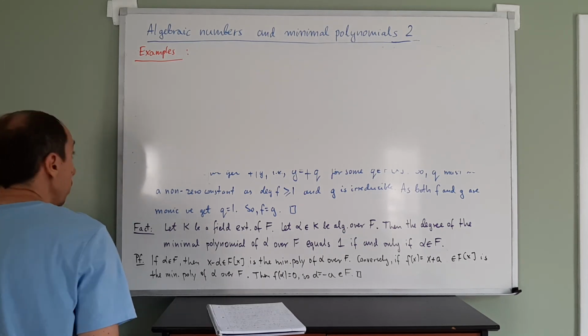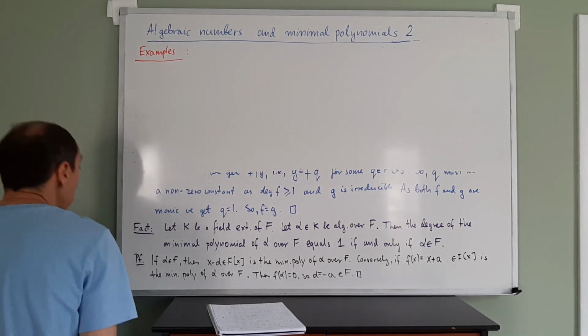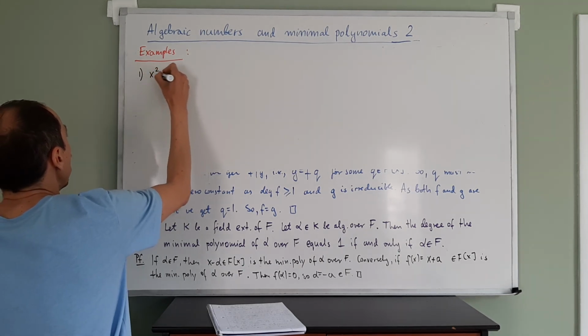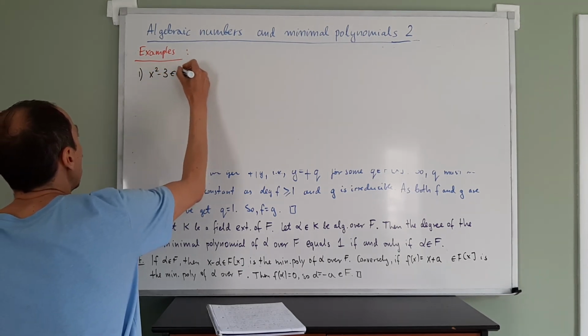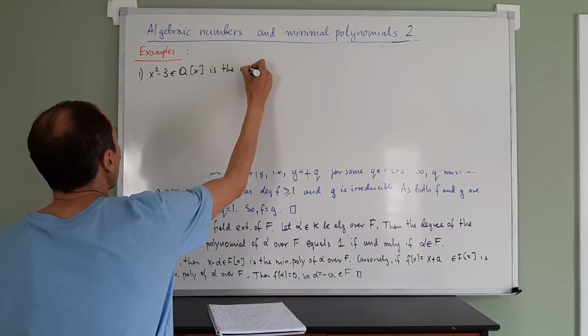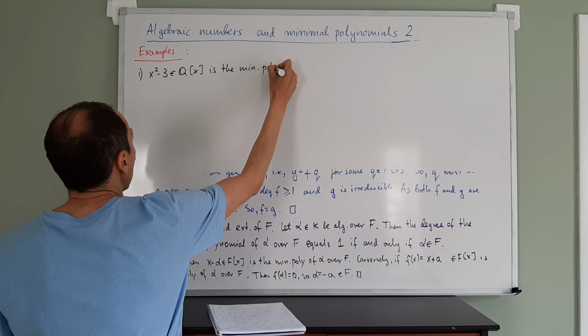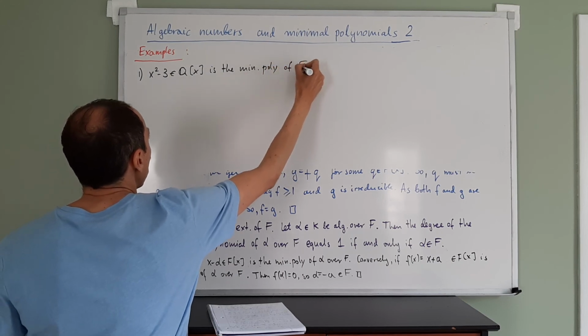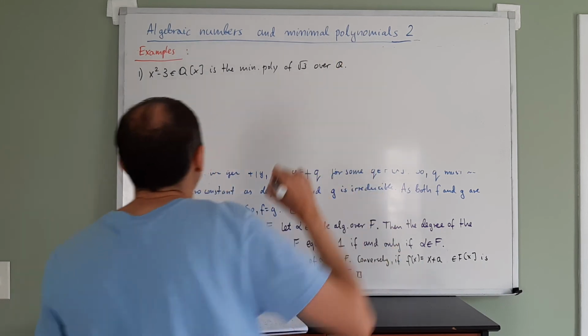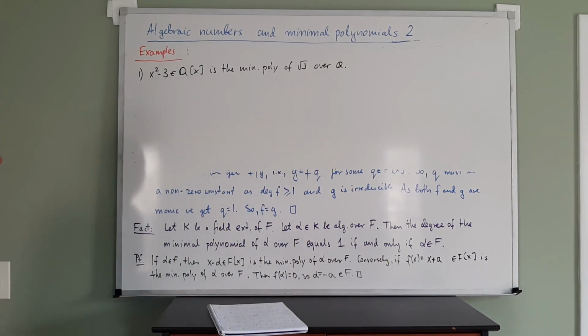So our first example was that of radical 3. I claim that x squared minus 3 is the minimal polynomial of radical 3 over Q. Why is that? First of all, it is monic and radical 3 satisfies it. So the only question is, is it of smallest possible degree?